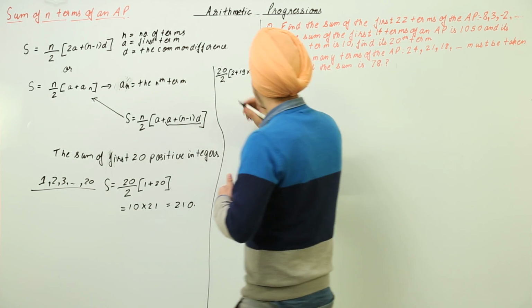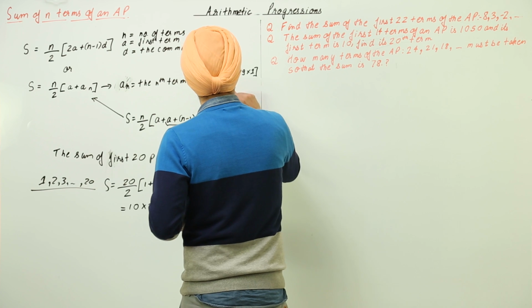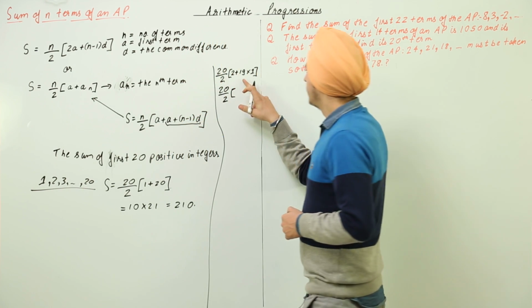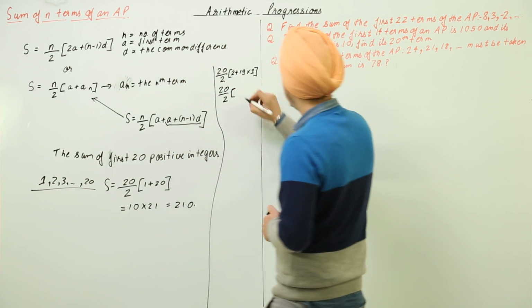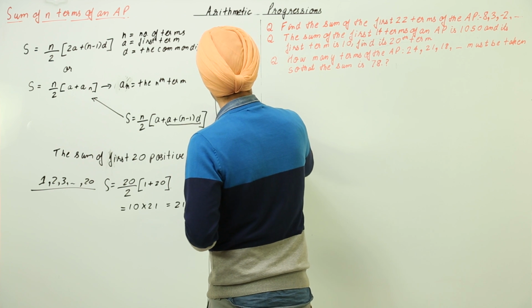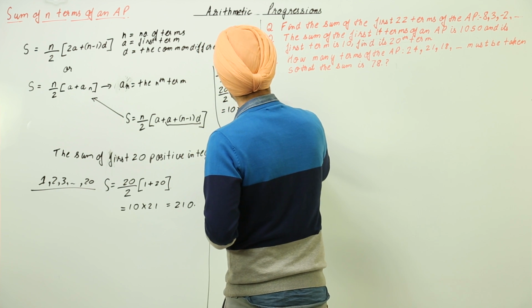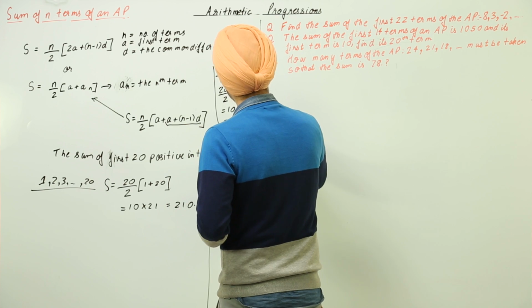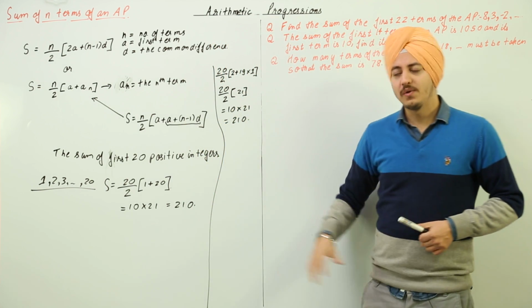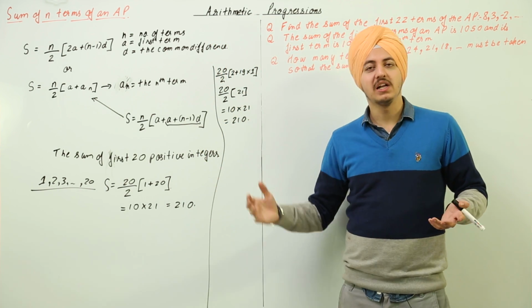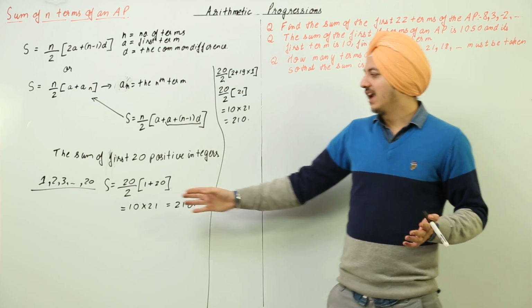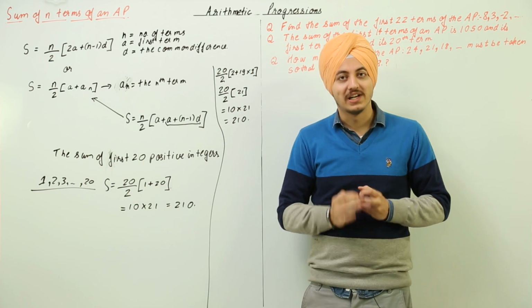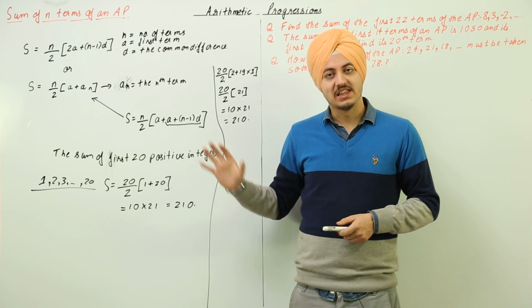So this over here becomes 20 by 2 into 19 plus 2, that is equal to 21, and which is again equal to 10 into 21, which is equal to 210. So if you see over here, both of these give the same result, and that is what I want to prove. And we've also found out the sum of the first 20 positive integers, and this is the way to do it.